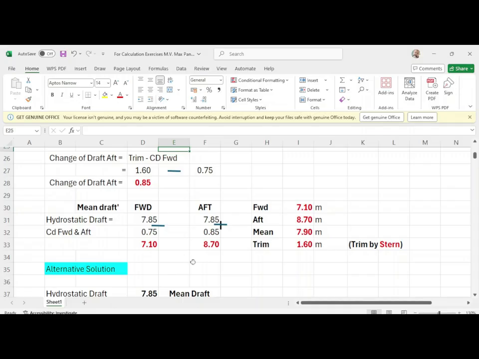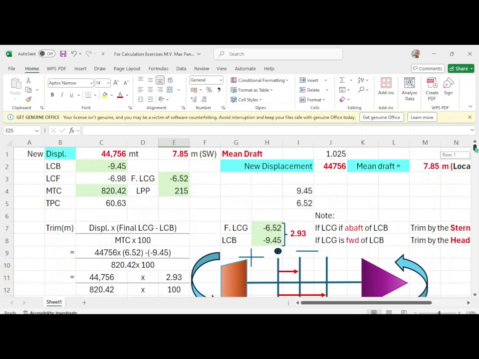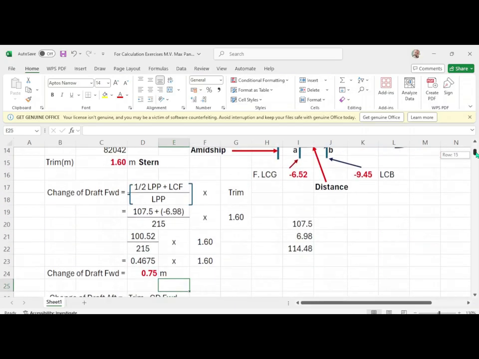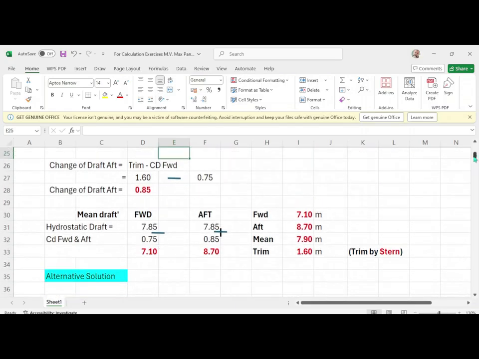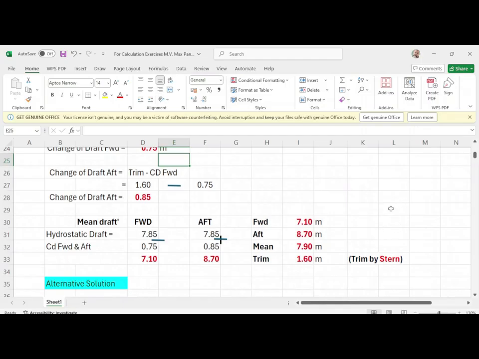Okay, so you have here your forward drop of 7.10, your up drop is 8.70, and your mean will be 7.90, and your trim is 1.60. So your mean, what is your mean here? It should be 7.85. Okay, we just do the computation.